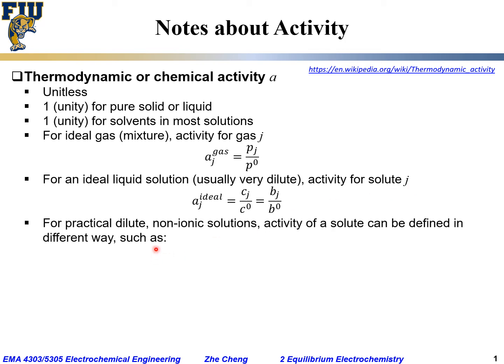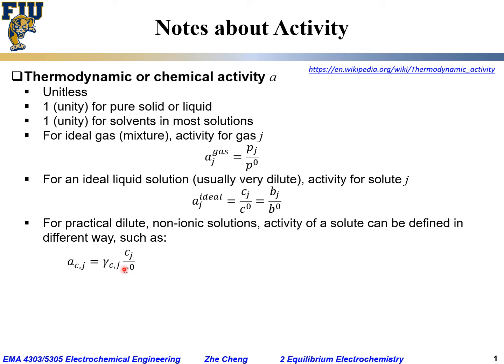And for practical dilute non-ideal, non-ionic solutions, practical means it's not ideal, which means the activity coefficient may not be 1, and dilute and non-ionic means it does not dissociate completely into positive and negative charged ions. For such solutions, the activity of a solute can be defined in different ways.